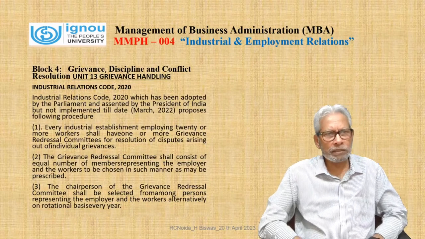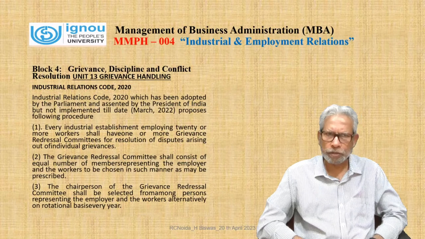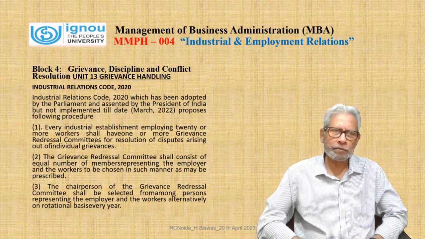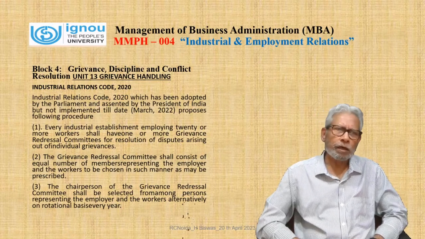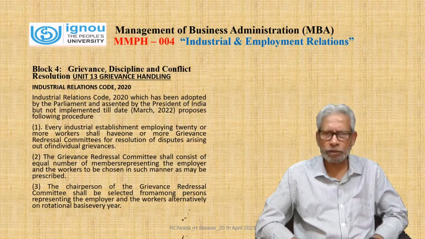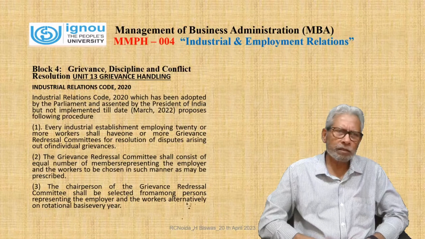Then the Industrial Relations Code, 2020, which has been adopted by Parliament and assented to by the President of India, but not implemented till date. Some of the following procedures are there.